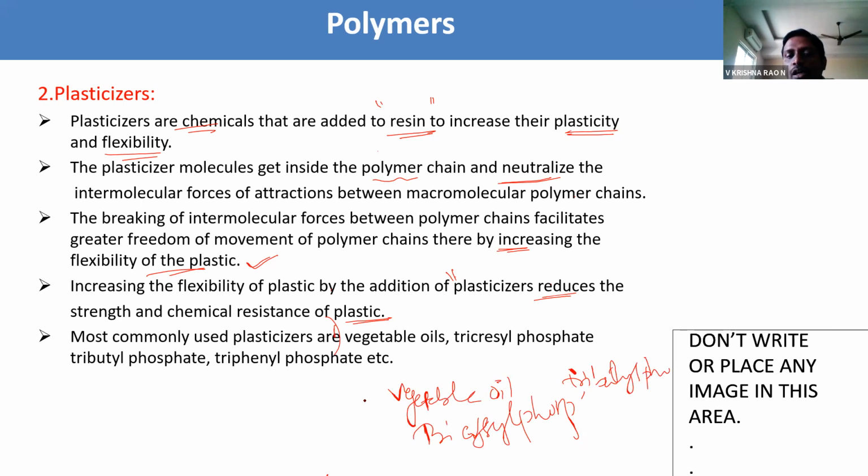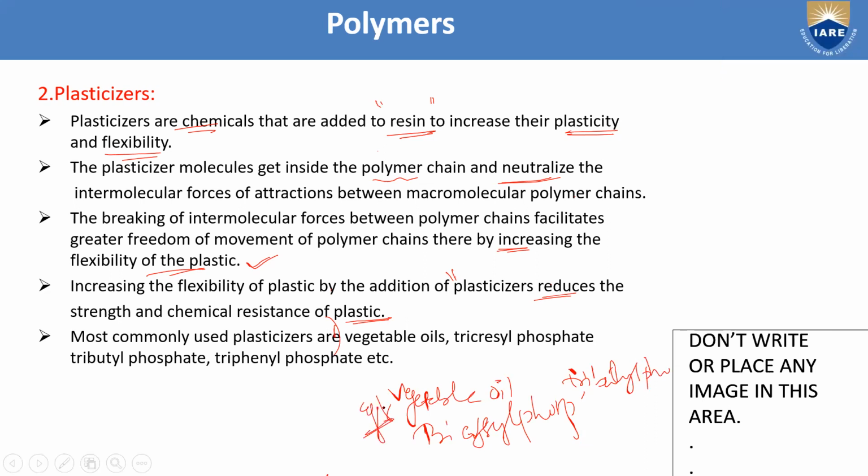These are the examples of plasticizers, the chemicals that are added to resin to increase the plasticity and flexibility of the plastic.